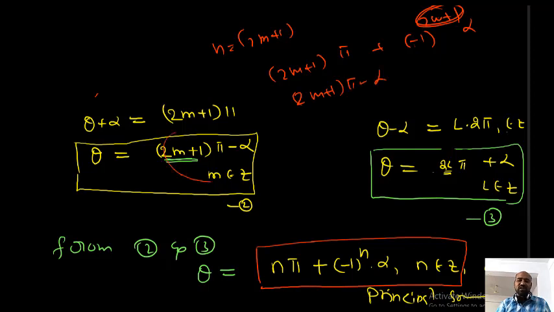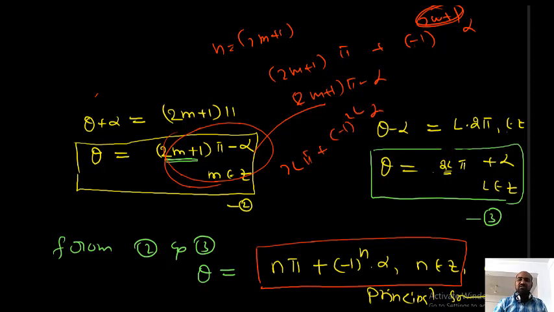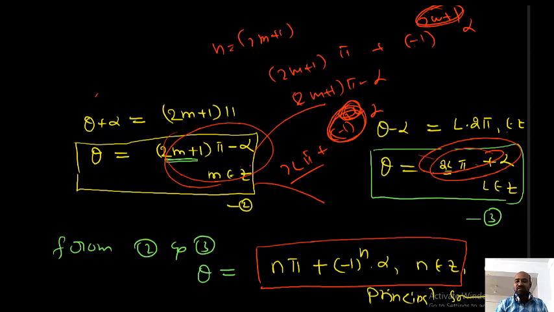Now instead of n you write 2l. What happened? 2l pi plus minus 1 power 2l alpha. Minus 1 power even integer means this is positive only, no? So you will get this. The combination of these two should have this form: n pi plus minus 1 power n alpha, where n belongs to Z. You people should remember this result.